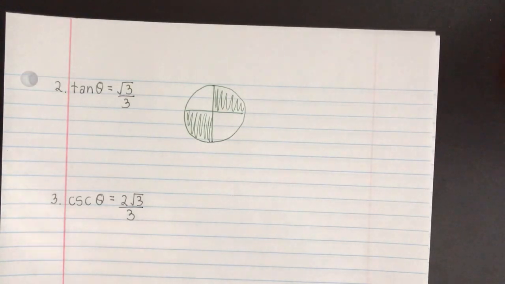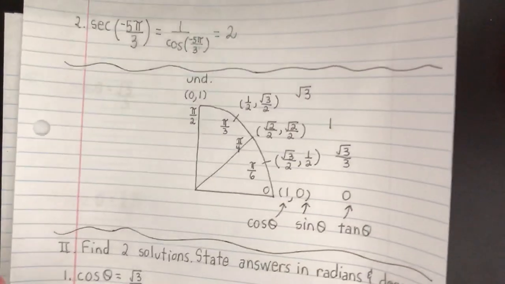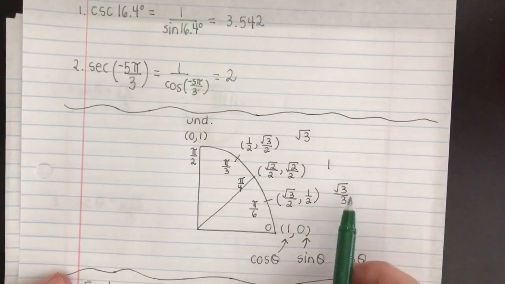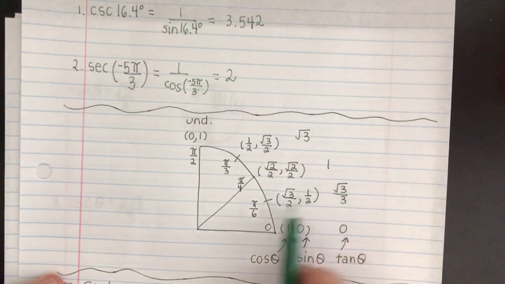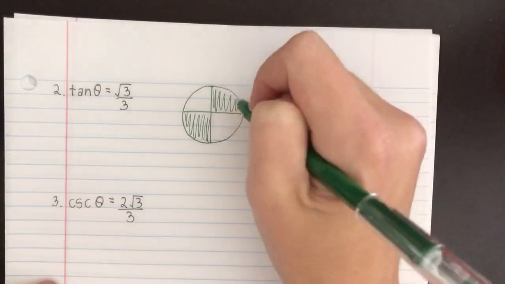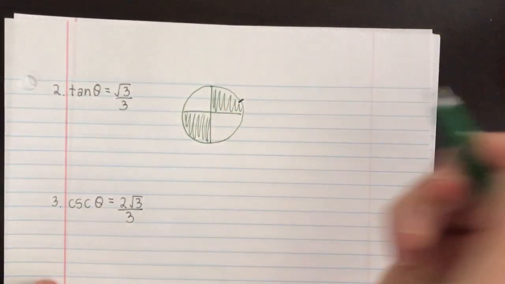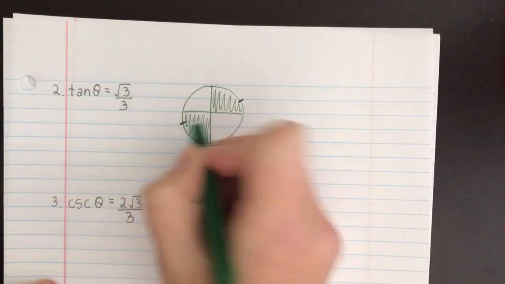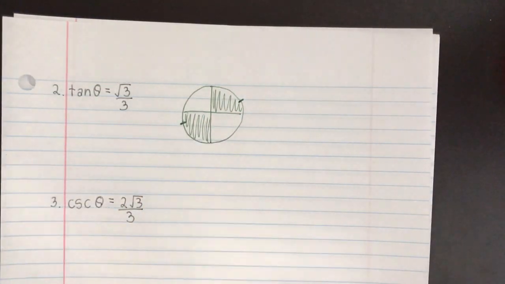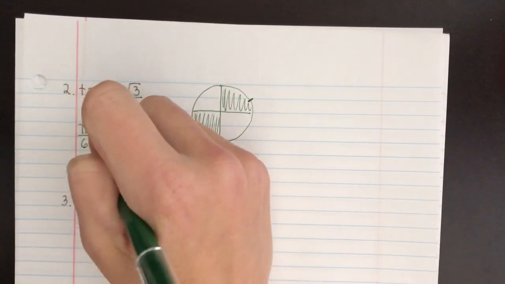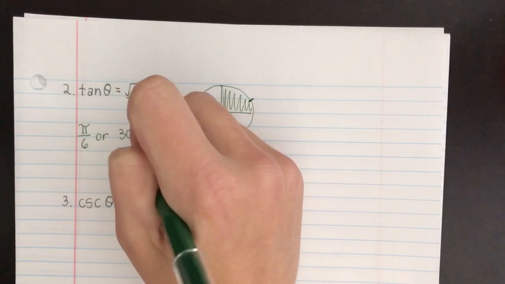Now go back to your slices. Where is the tangent square root of 3 over 3? That's associated with our pi over 6 slice, the slice closest to our flat, so this is pi over 6, or in degrees, 30 degrees.